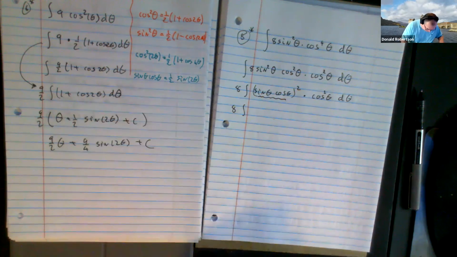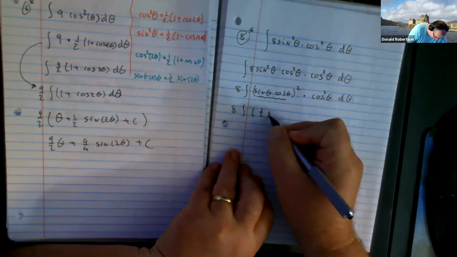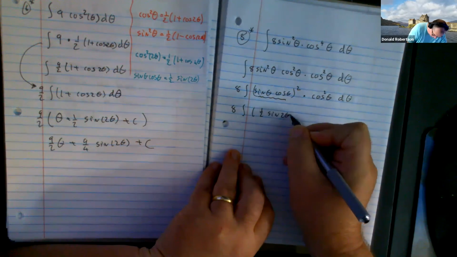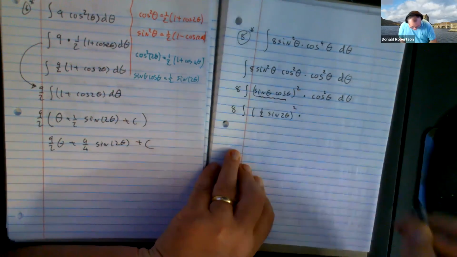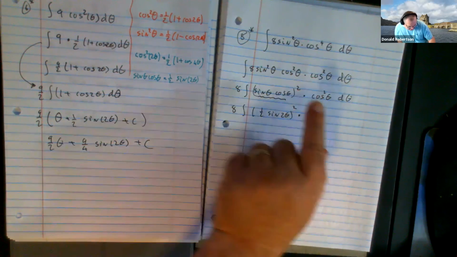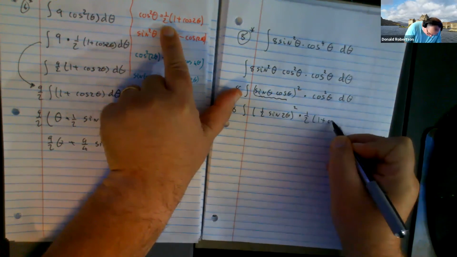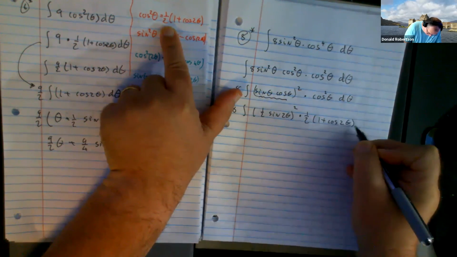Now that makes this 1/2 the sine of 2 theta, squared. Cos squared theta could be written as 1 minus sine squared, but it doesn't help. But it can be written as 1/2 (1 plus the cosine of 2 theta) d theta.